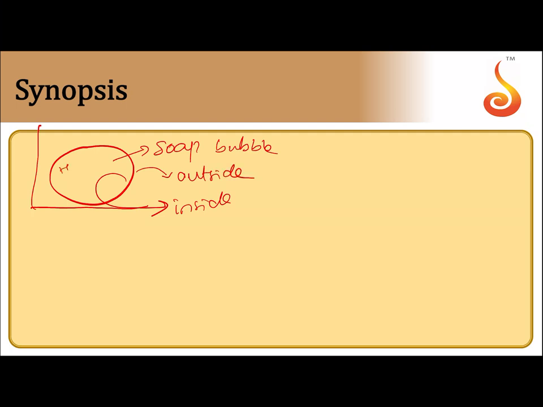It is hollow, remember. This time the pressure inside is greater than the pressure outside by a value 4T divided by R, or the excess pressure is equal to 4T divided by R.